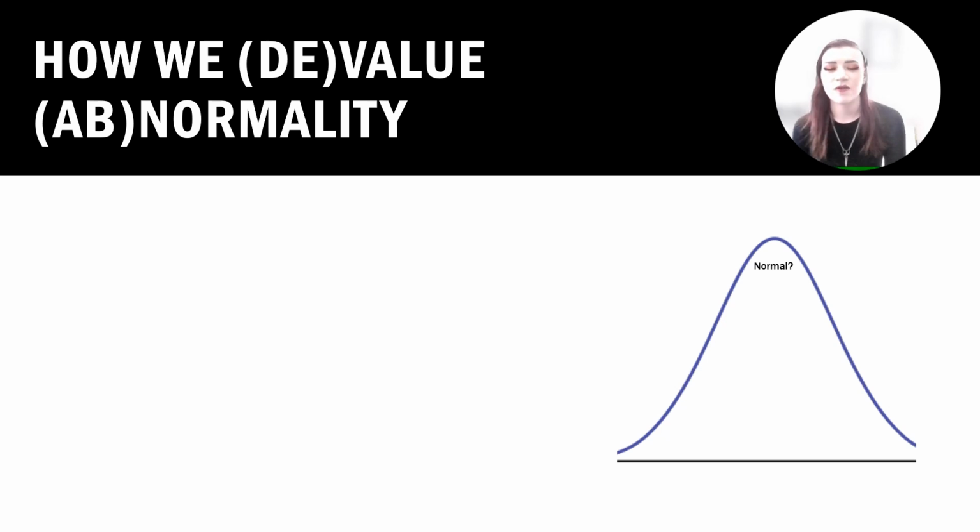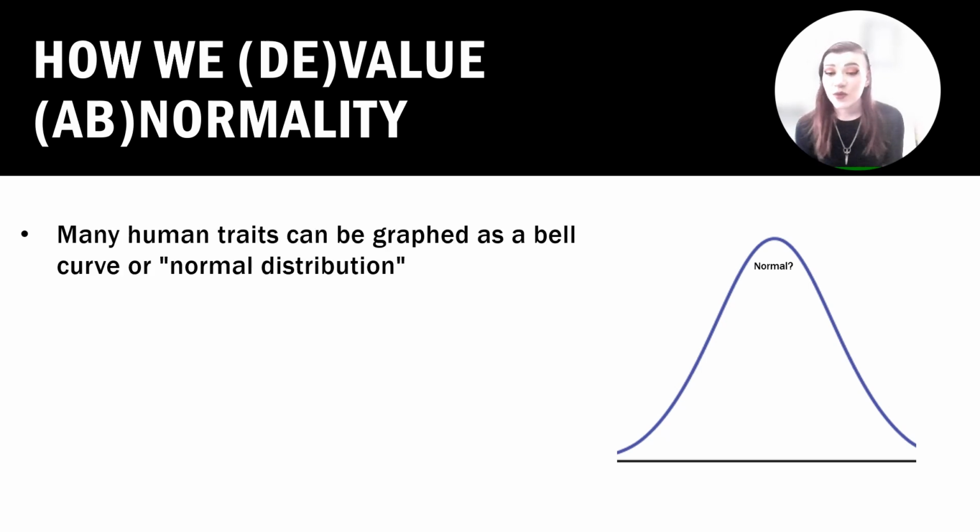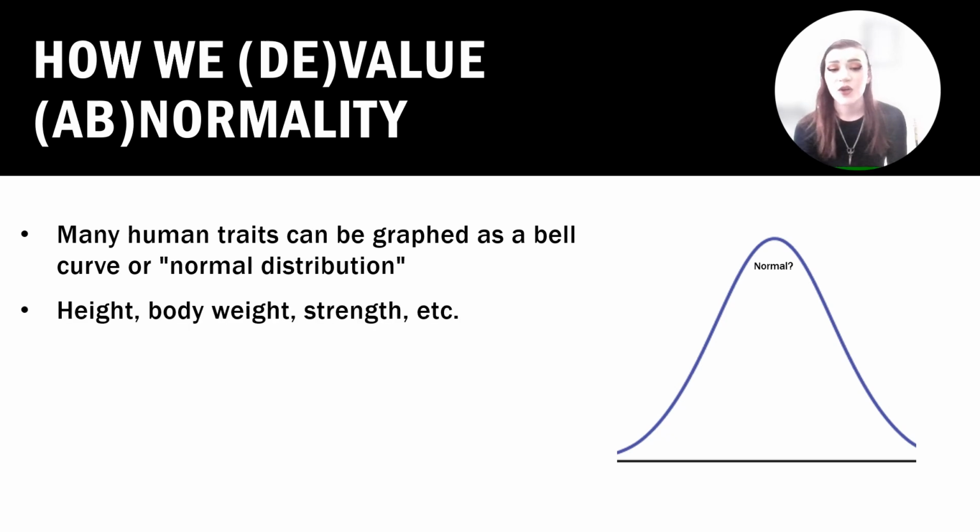Medical sociologists are very interested in how we value normality and devalue abnormality as we understand them today. A lot of human traits we can graph on a bell curve, also known as a normal distribution if you're familiar with statistics. A lot of things like a person's height, weight, strength, those are things that we might see this bell curve of.